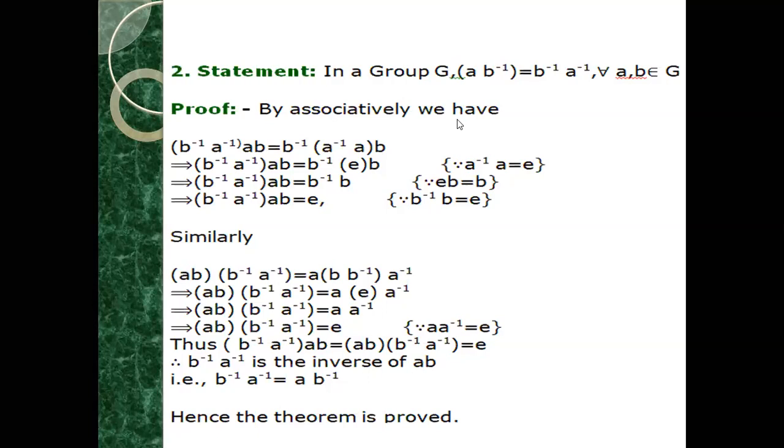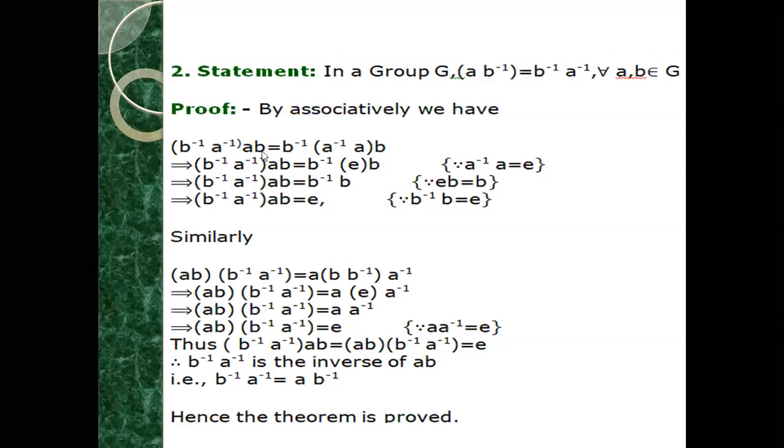So by associative law, we take B inverse A inverse AB is equal to, both sides associative law, B inverse A inverse AB. How are we writing this?